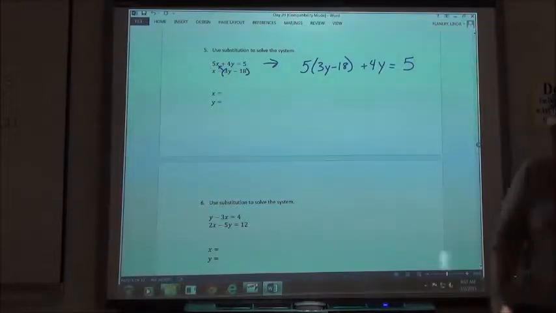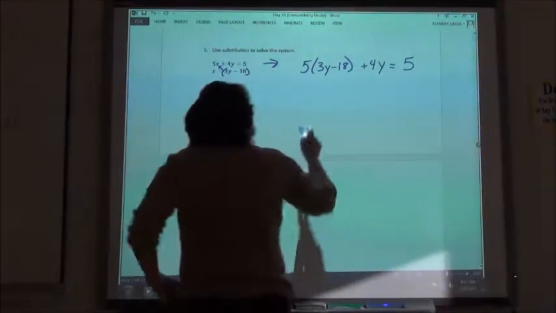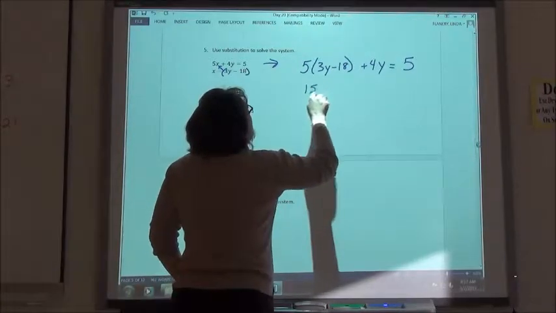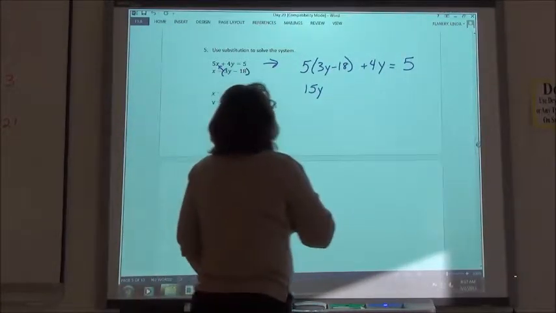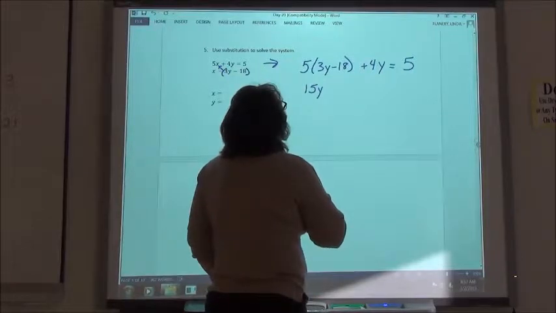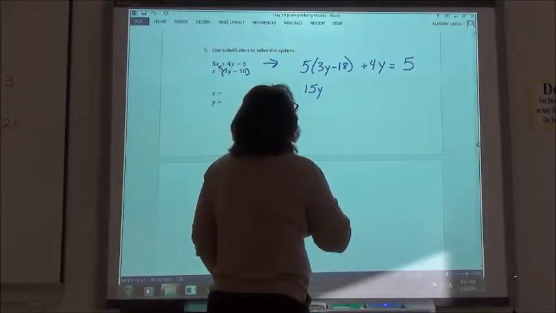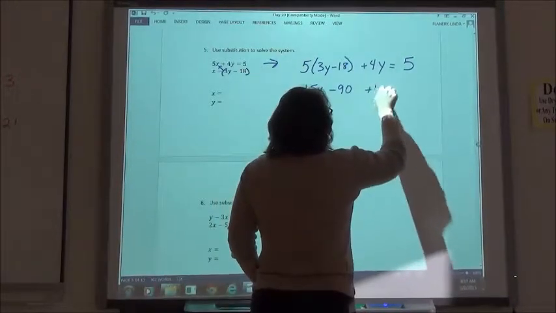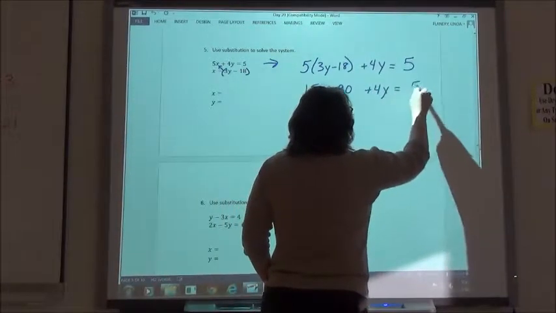So using our distributive property, we're going to get what? 15y minus 90 plus 4y equals 5.